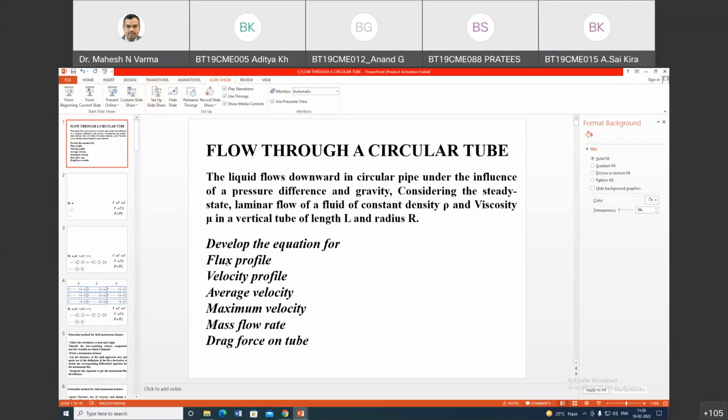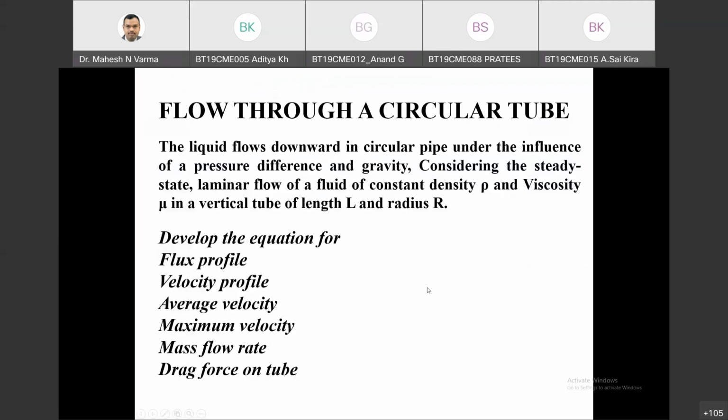Somewhere you need to replace x with r. This is the flux profile. There is some mistake, which I will correct afterward. So develop this. Take down this problem, think about this problem, and extract the data as much as you can.